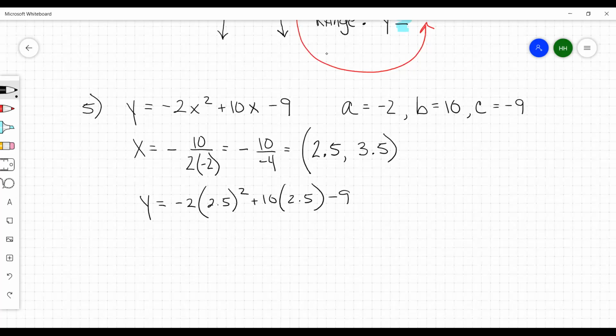Okay, so here's our vertex, and here's our A. So in vertex form, Y is equal to negative 2 times X minus 2.5 squared plus 3.5. All right, number 6 is the same with different numbers. So your process will be the same.